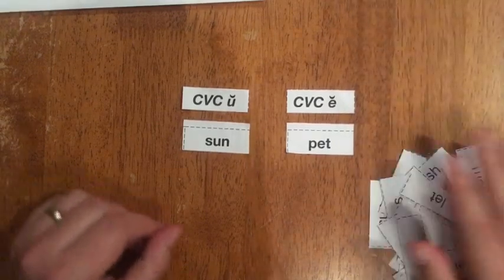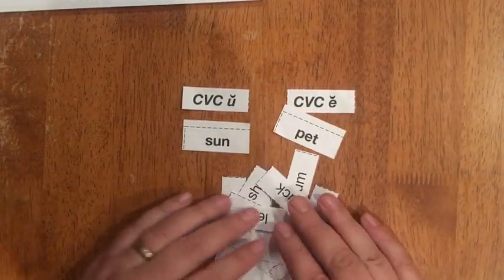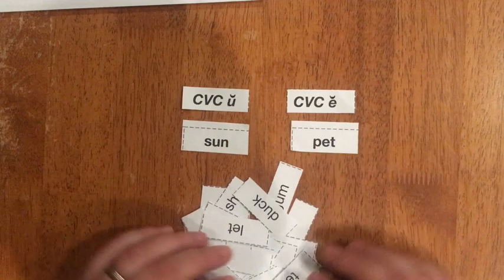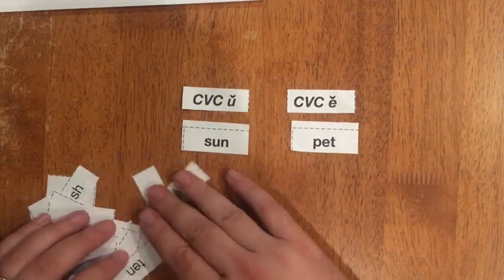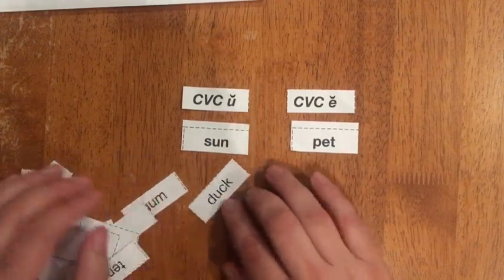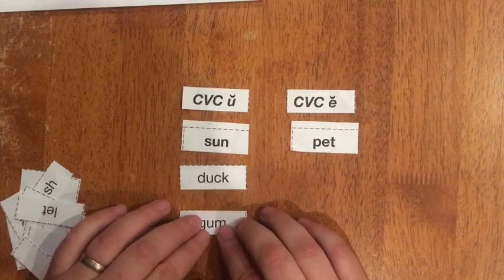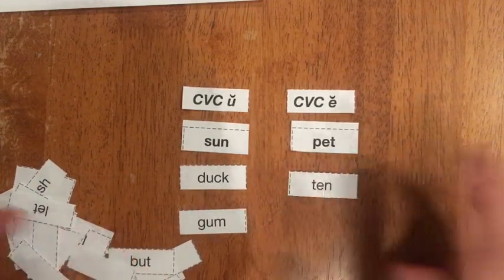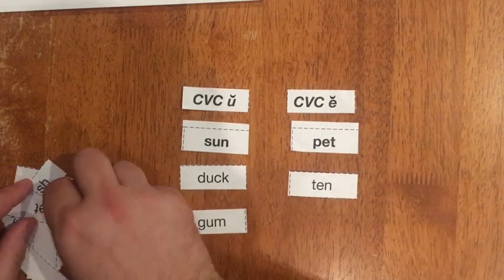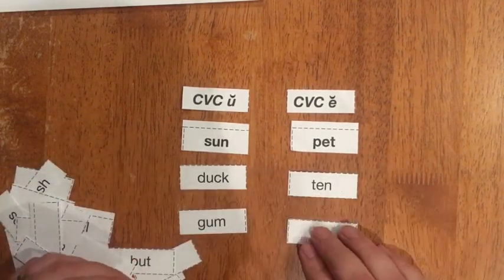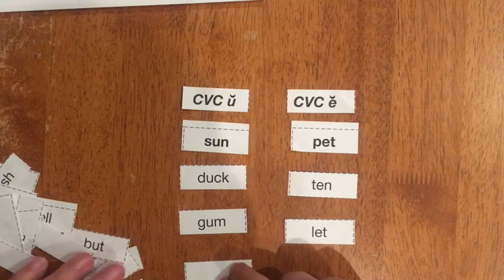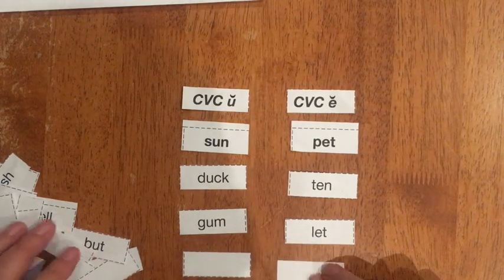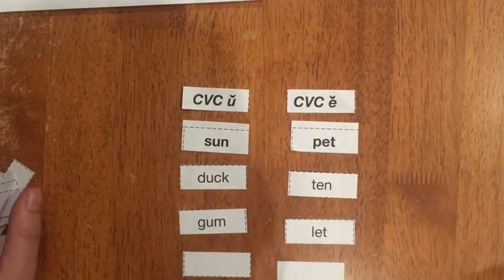And then I've got some words here, so I won't spend a long time doing this, but okay, I've got duck, duck, and so on. I've got a whole lot of other words there, but I'll just continue to show for demonstration.